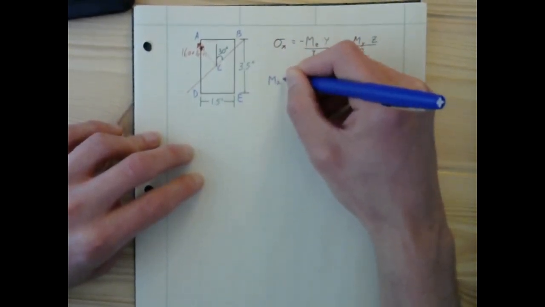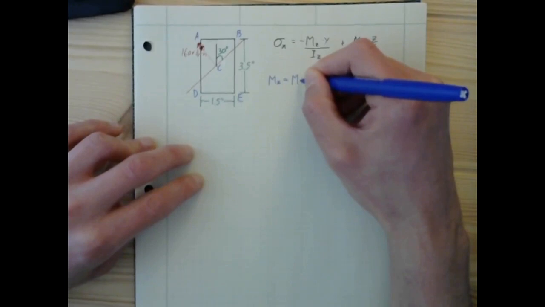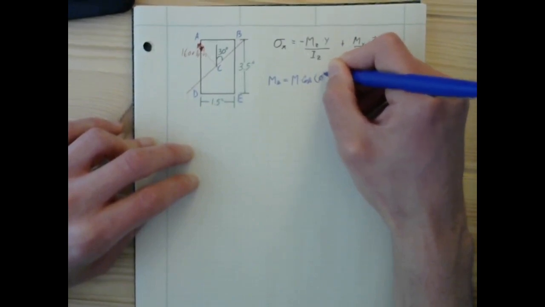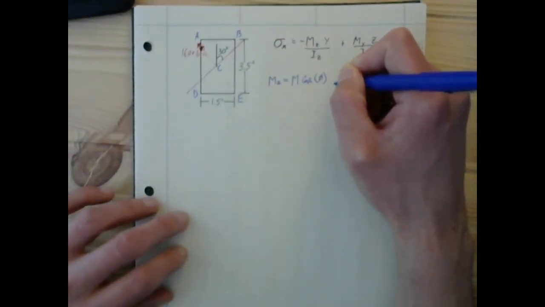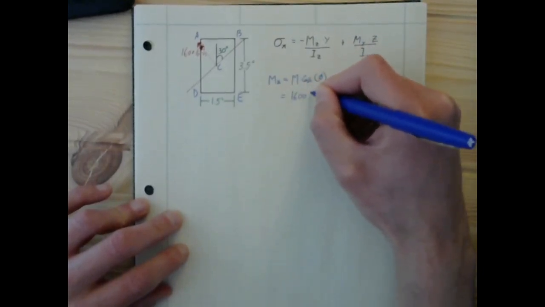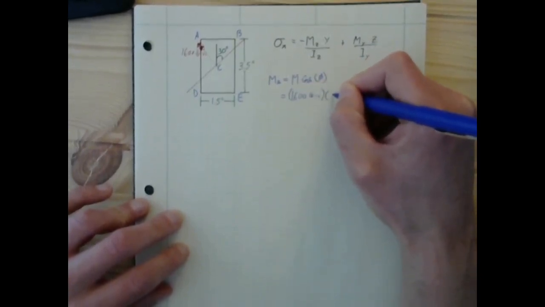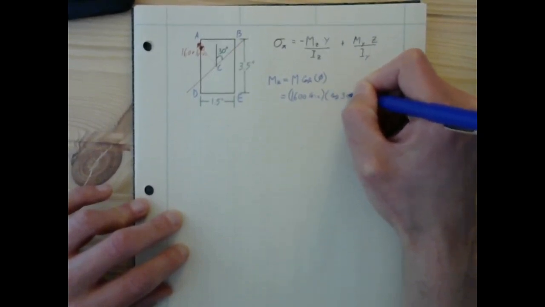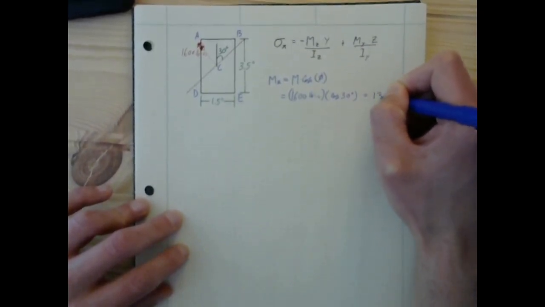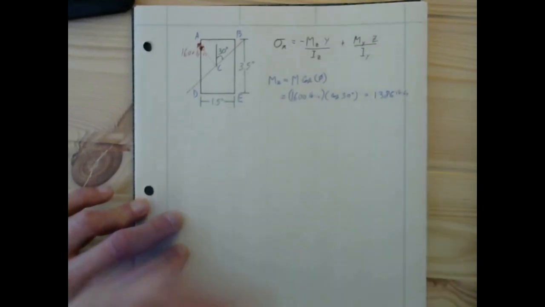Moment about the z-axis is going to be equal to our moment times the cosine of that angle, which is going to be 1600 pound-inches times the cosine of 30 degrees, which is equal to 1,386 pound-inches.